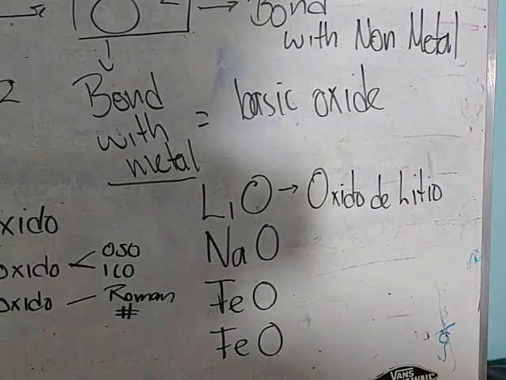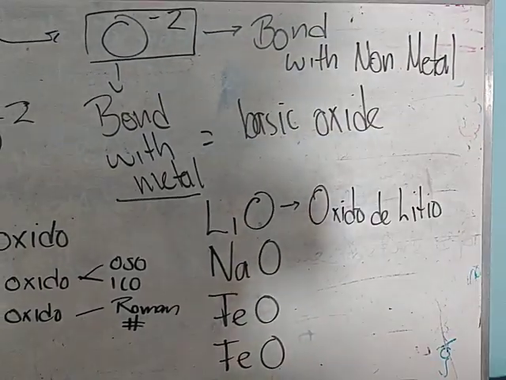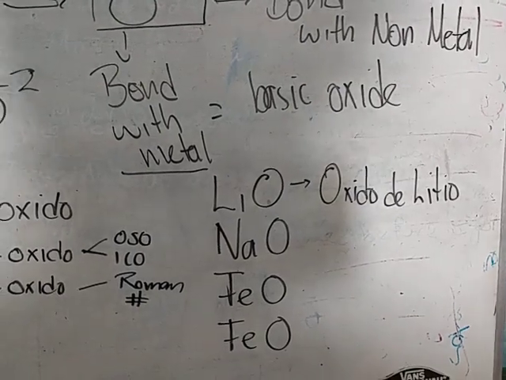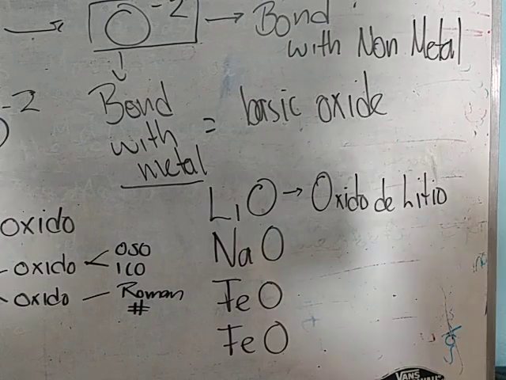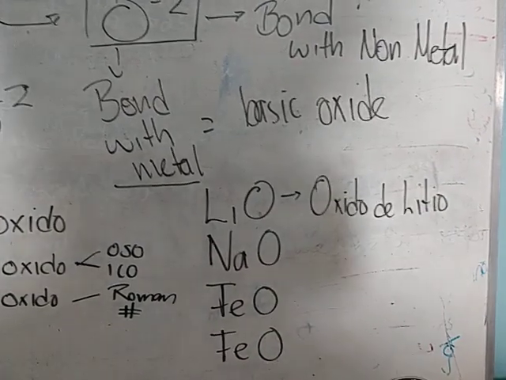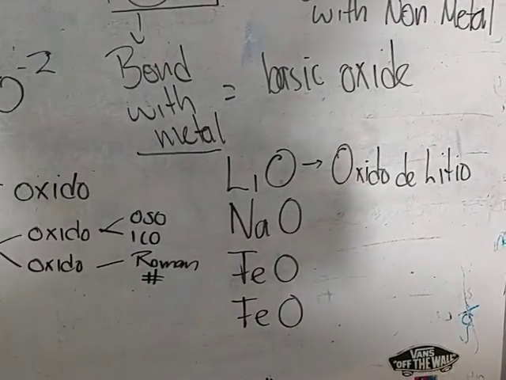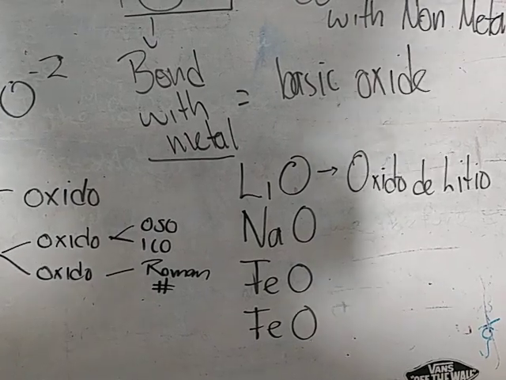Well, we're going to start first naming the components in Spanish, okay? When we get to that subject, we're going to work the components also in English, okay? Then we have sodium.